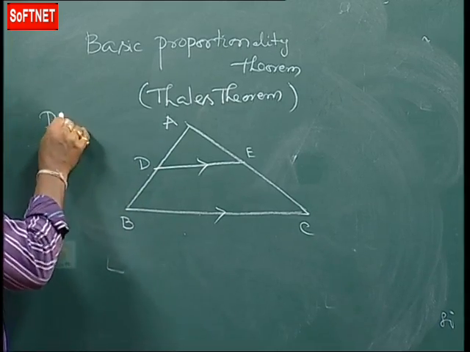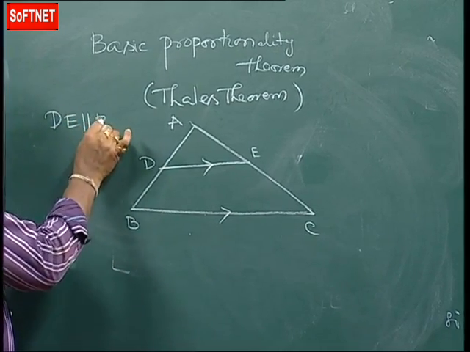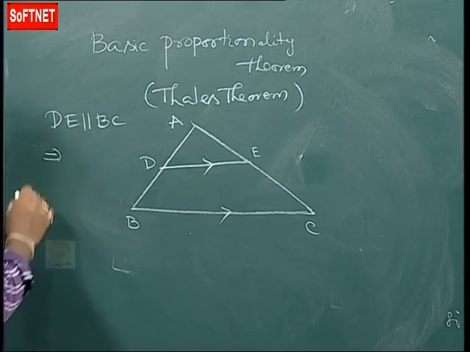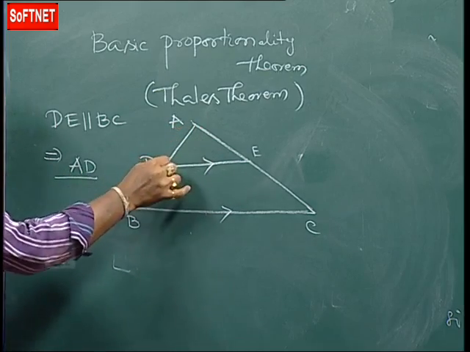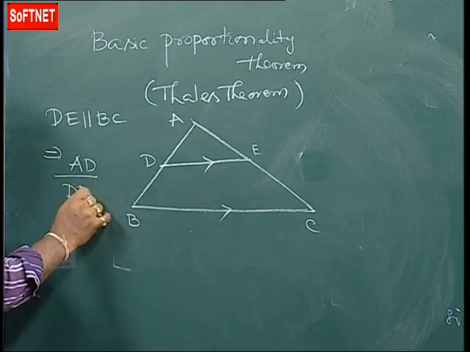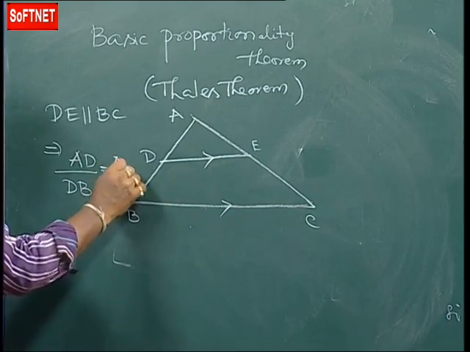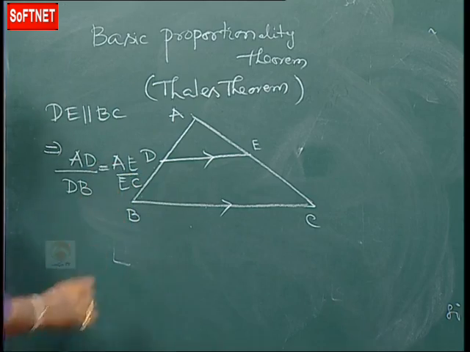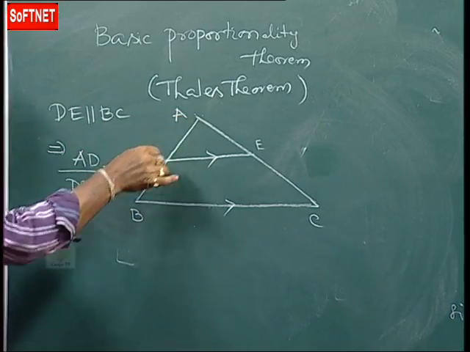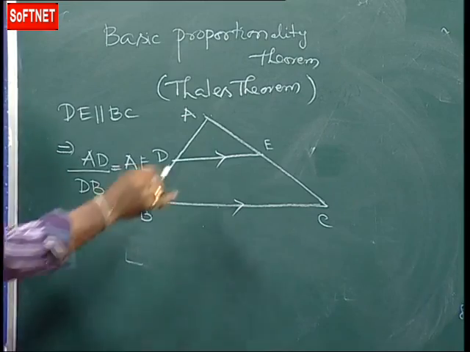That means when DE is parallel to BC, then AD by DB is equal to AE by EC.